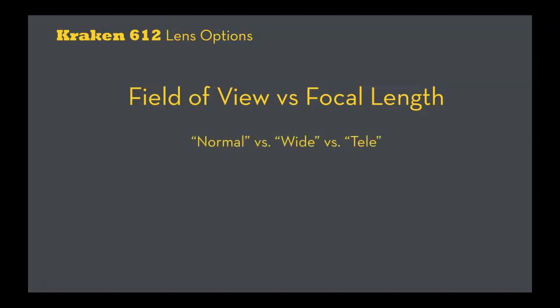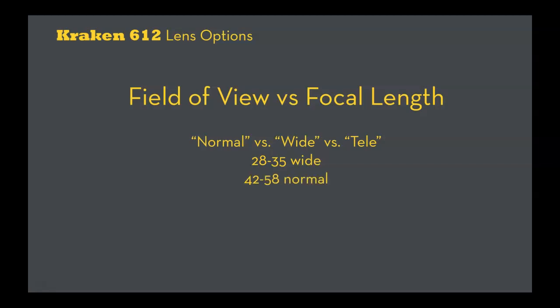So, first of all, we have 3 different types. We have normal, we have wide, and we have tele lenses. And if we talk about the average wide lens, it's a 28 to 35 lens. Now, I consider anything wider than 28 to be an ultra wide or a super wide. So I would say 28 to 35 is generally the zone considered wide angle.